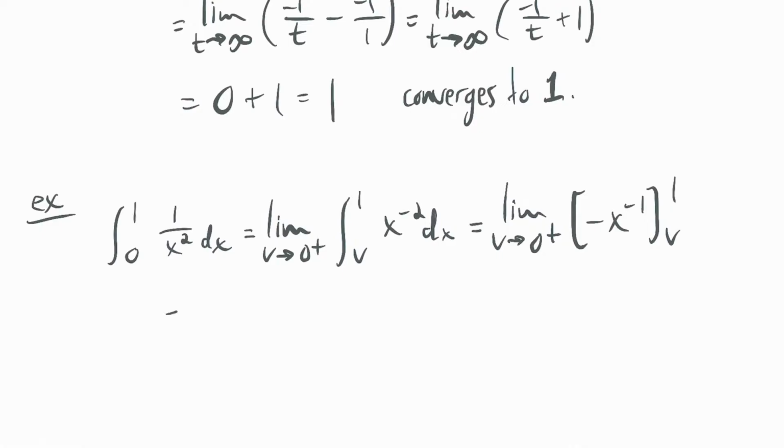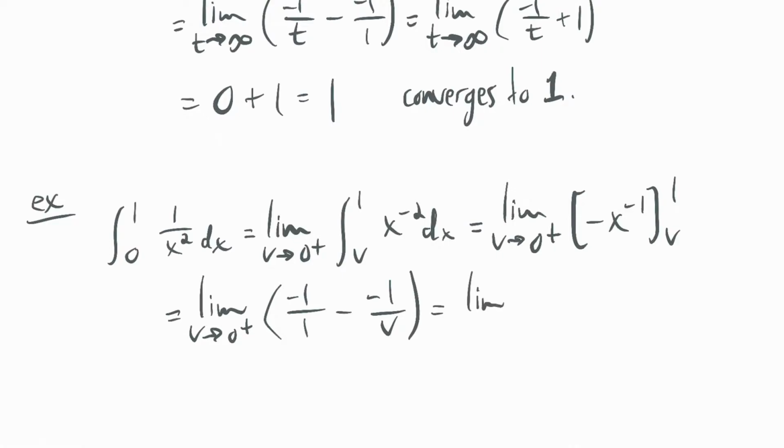So this will equal the limit as v goes to 0 from the right of, well, that's going to be negative 1 over 1, minus negative 1 over v. So this will equal the limit as v goes to 0 from the right of negative 1 plus 1 over v.